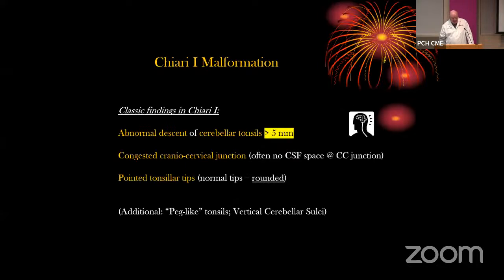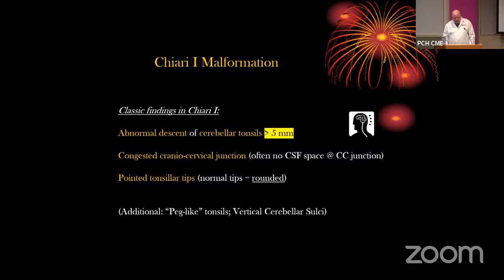And the classic findings in Chiari-1 are abnormal descent of the cerebellar tonsils greater than 5 millimeters, congested craniocervical junction, with often no CSF space at the craniocervical junction, and pointed tonsillar tips, the normal tonsillar tips being rounded. They may be less severely pointed, like peg-like, and also you may notice a vertical orientation of the cerebellar sulci.